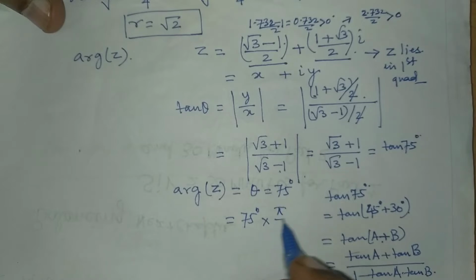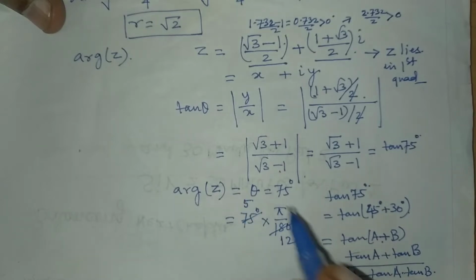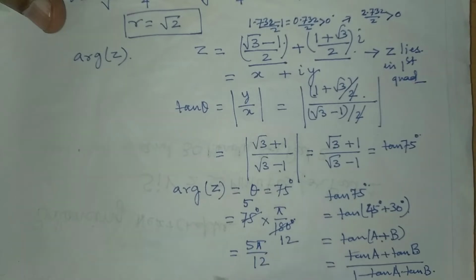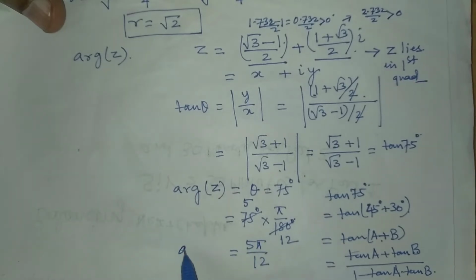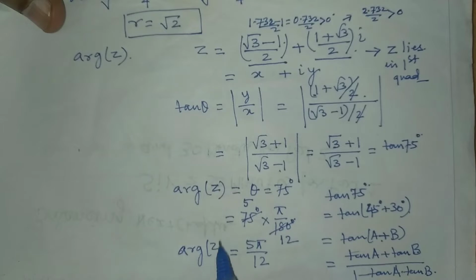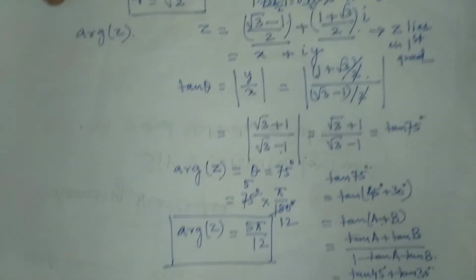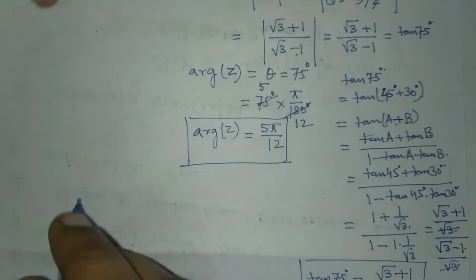Now we will write it in radians. 75 into pi by 180. It is 15: 15 twos are 30, 15 fives are 75. So 5 pi by 12. So now the argument is equal to this. We have calculated it here. Now we will write the polar form.